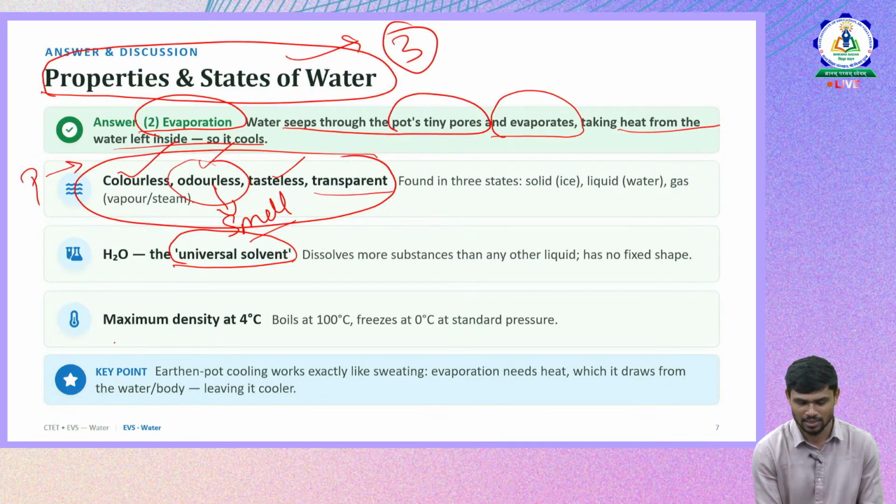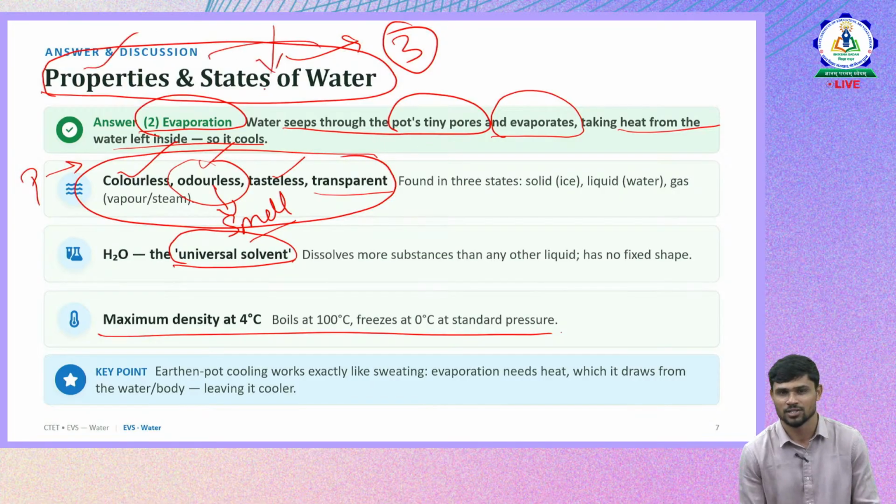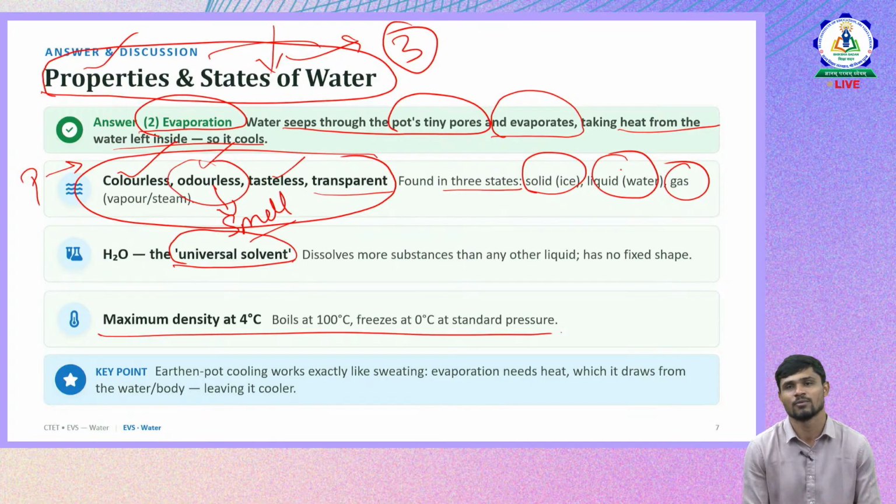Other chemical properties we'll discuss now. We talked about the properties, now let us look at the states of water. There are three states: solid, liquid, and gaseous. We should have a clear idea of when water stays in solid state, when it stays in liquid state, and how it converts into gaseous form.